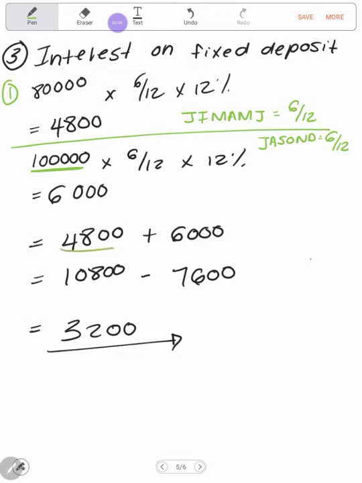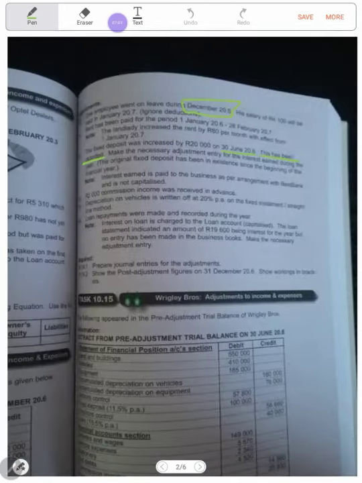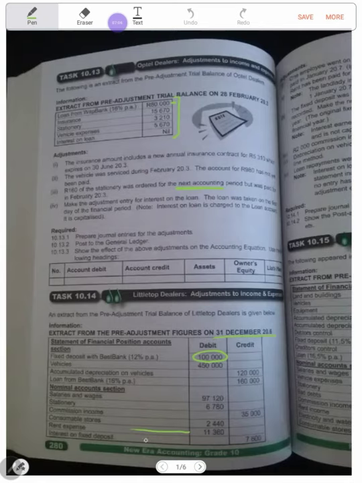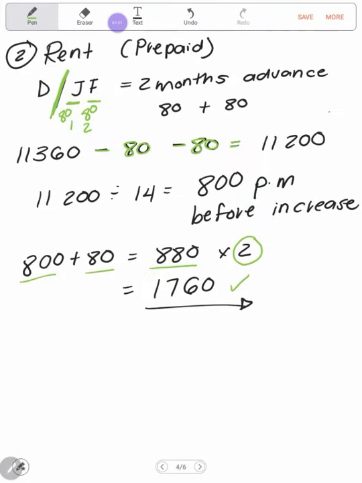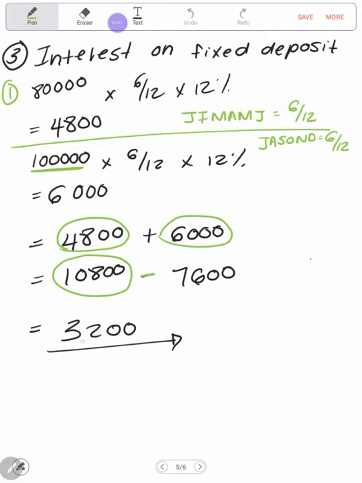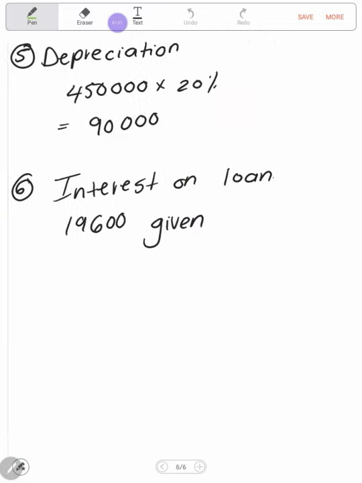So if I add the interest from the 80,000 and I add the interest from the 100,000, I should get 10,800 Rand. I am going to subtract 7,600. Why am I subtracting that? Because it has already reflected. Can you see here? Interest on fixed deposit, that income has already come into our account. So you're going to be subtracting that. How much of that amount must still be paid to you? 3,200.